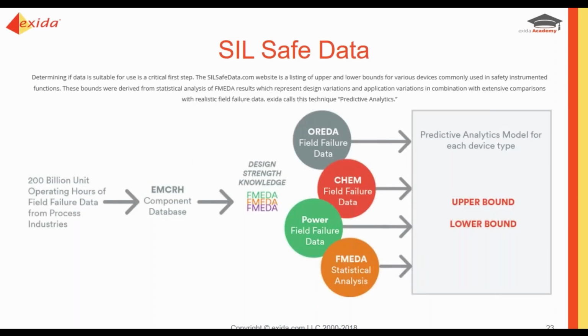However, I always tell my customers, I always tell everybody that I teach, use SILSafeData.com. What that is, it's a list of types of devices that are commonly found, and it's going to give you a kind of generic title, so a floating ball valve.